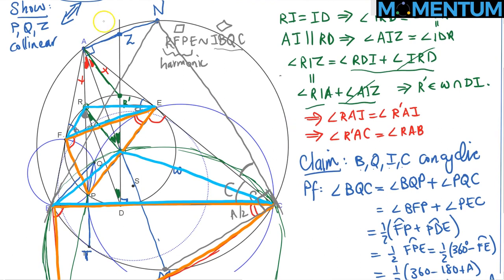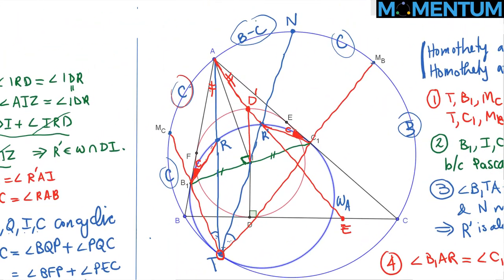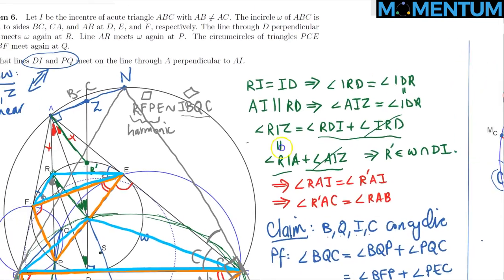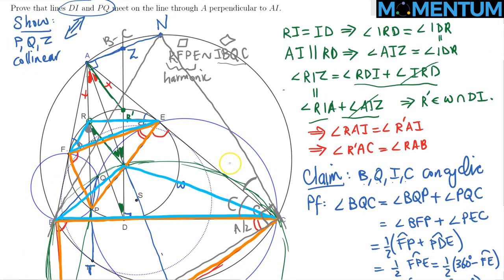For instance, earlier we established that AN should measure B minus C. Yes, it was B minus C, so this one is B minus C over 2. And you can add up these angles now to get the desired angle: A over 2 plus B over 2 minus C over 2 plus C is A over 2 plus B over 2 plus C over 2, which is obviously 90 degrees, and boom.